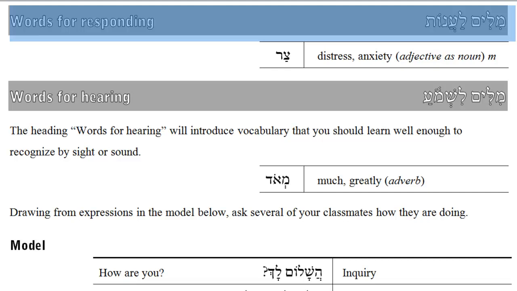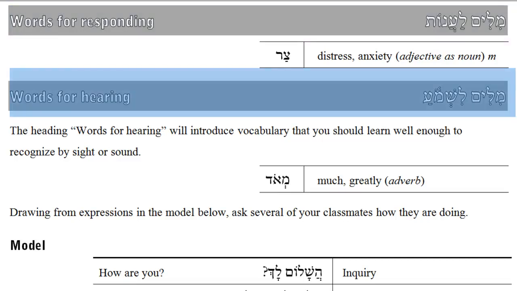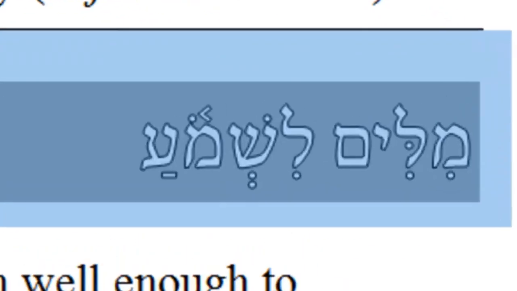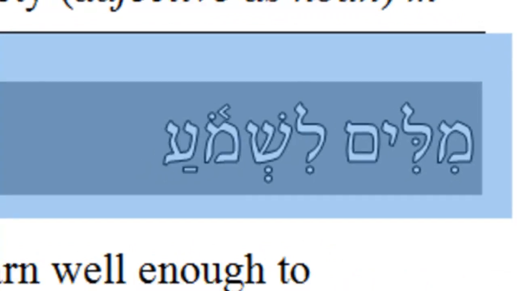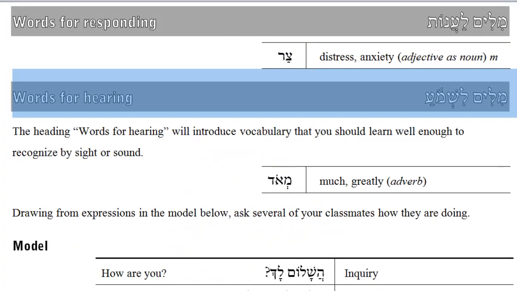in conversation or composition. Words for hearing, milim lishmoa, often will exceed 10 entries. These lists contain a mixture, both of commonly occurring words, and also words which, although they may occur seldom in the Hebrew Bible, are words that we will need for a particular activity or a particular episode in the serialized story.